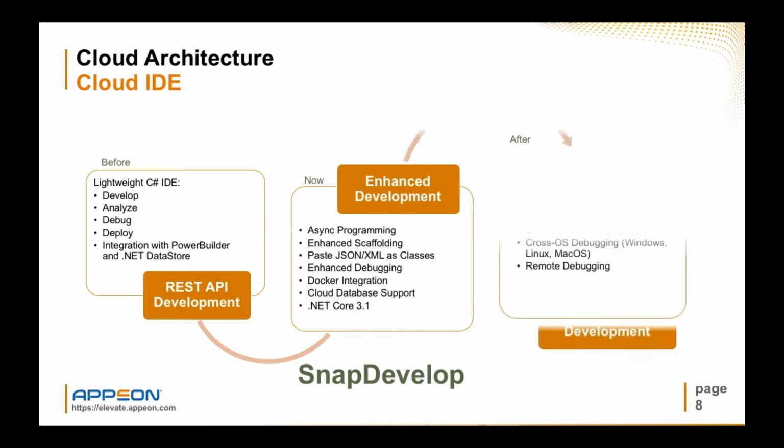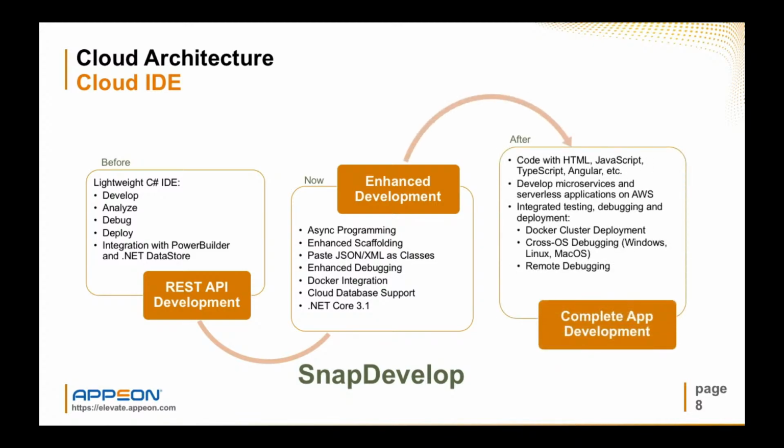In case SnapDevelop hasn't caught your eye yet compared to Visual Studio, in the versions to come after 2019 R3, you will be able to develop complete cloud apps in it. For example, there will be options for you to code in HTML, JavaScript, TypeScript, Angular.